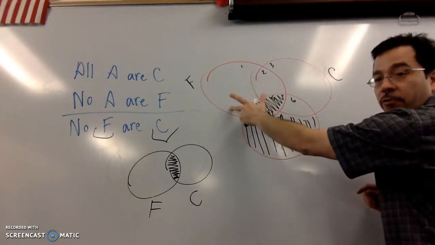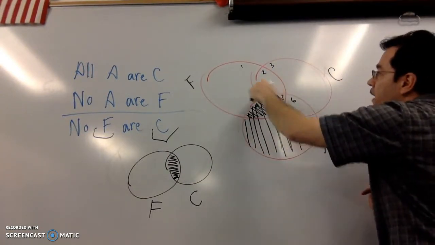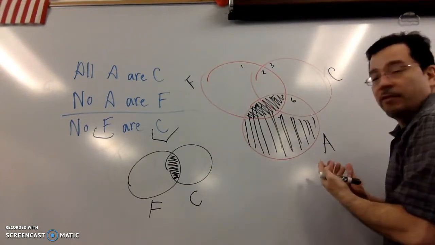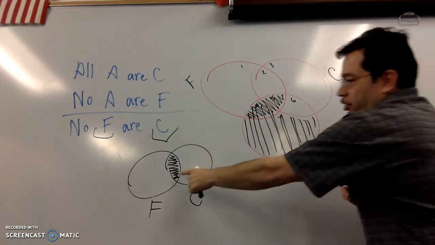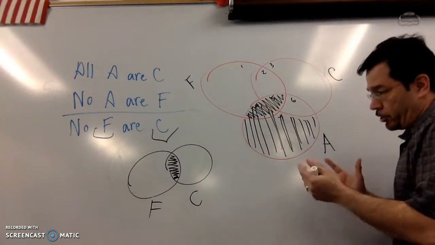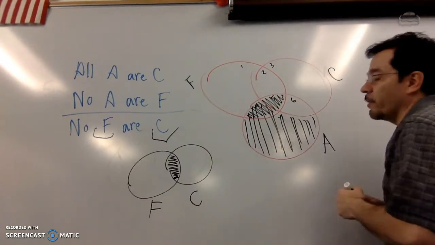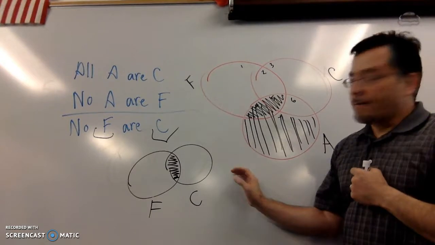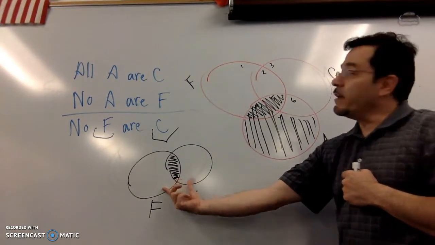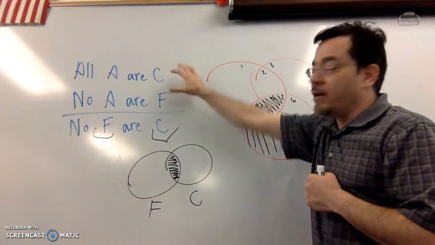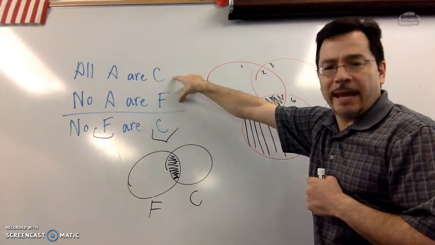Here, if you look at circles F and C, we have a space here where there is something contained, and it shouldn't be. They should be shaded out. It should be shaded out completely. So this argument here, again, is invalid because this here is not contained in these. This conclusion here is not contained in here.